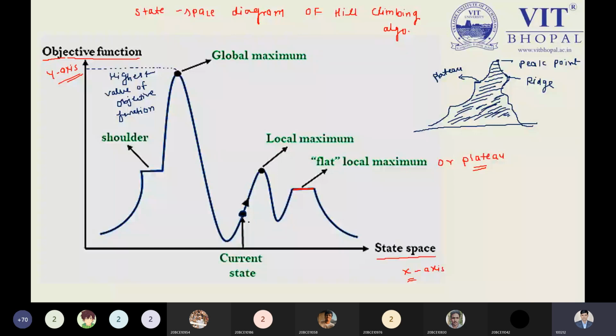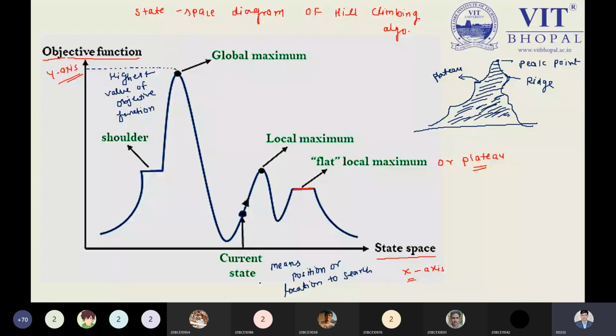So I can write here: the position or the location to search. This is the present or current location.